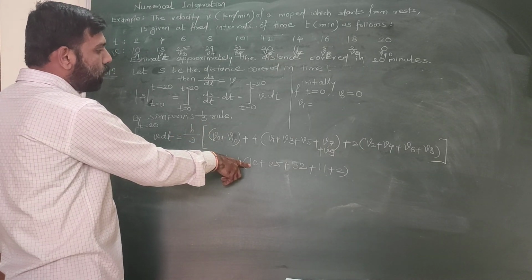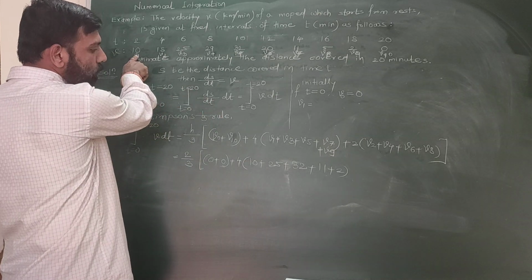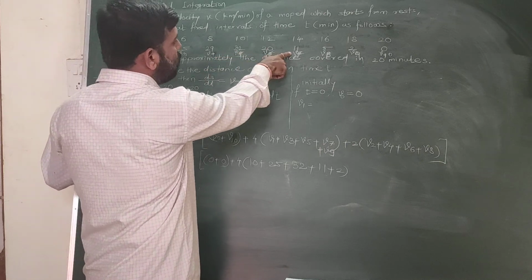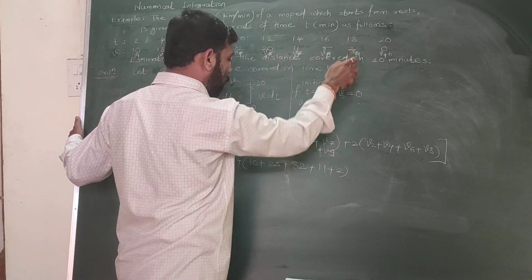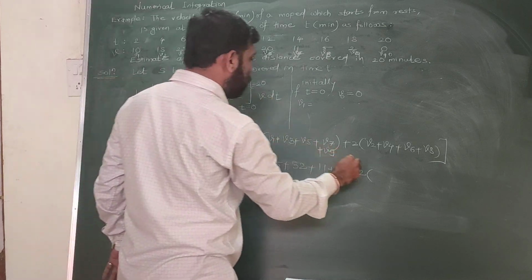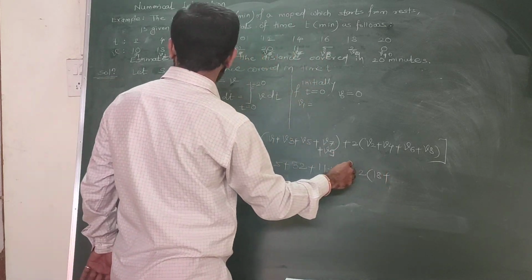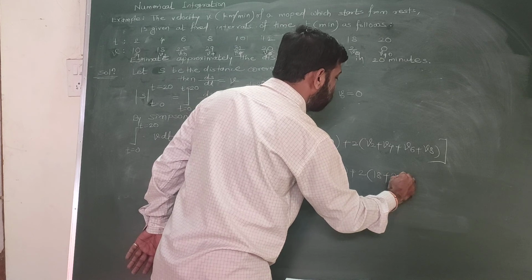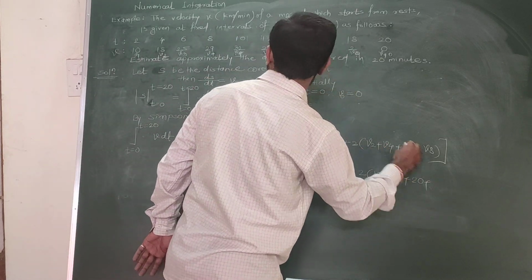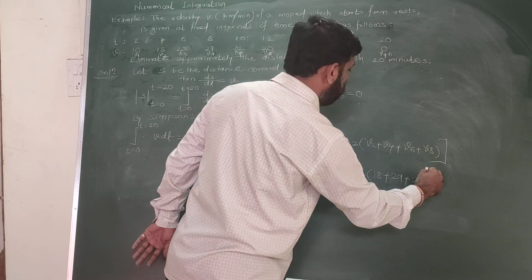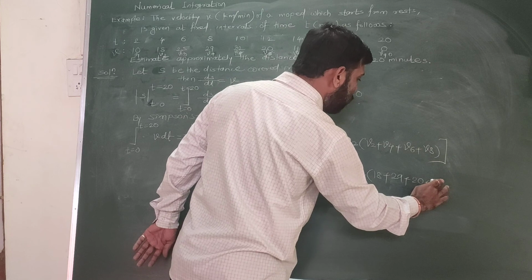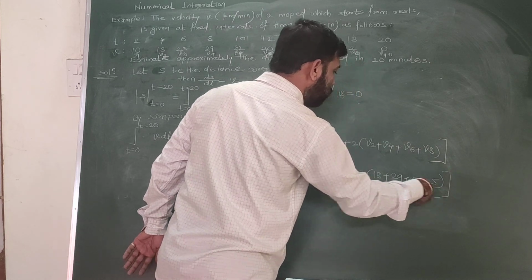Now here we take v1, 10, v3, v5, v7 and v9, plus twice v2, 18, plus 29, 20, 5, up to v8 we have taken here.